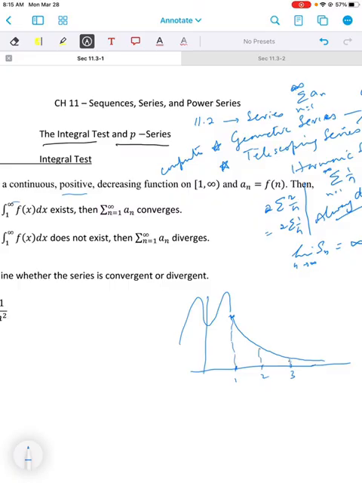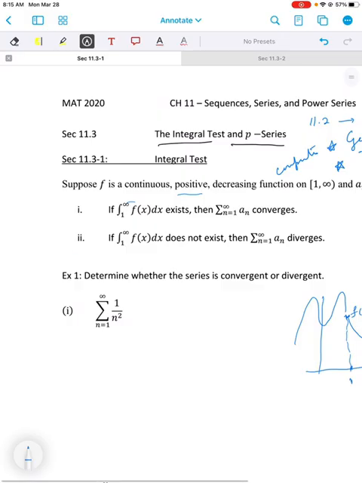When we integrate, we are also assuming that at these integer values, the values of the function are the same as the terms of our sequence. So this will be f of 1, but this is also a sub 1. This will be f of 2, but this is also a sub 2, and so on.